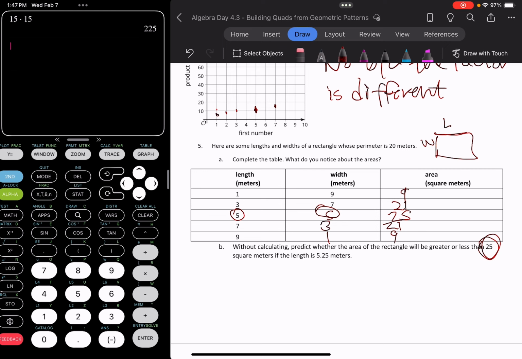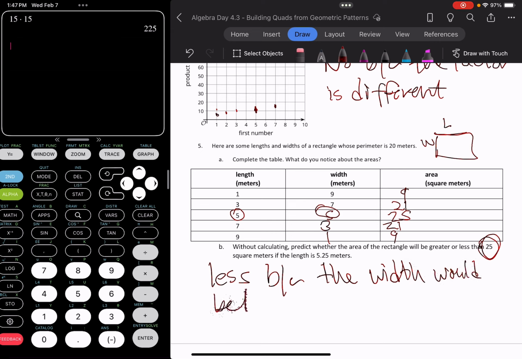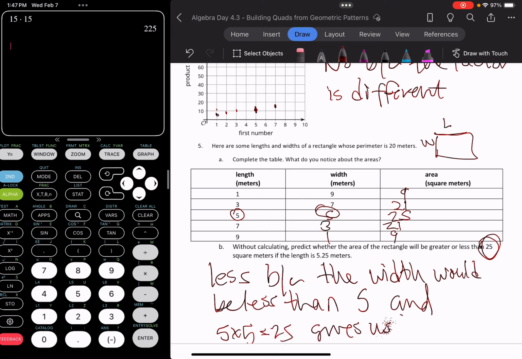When we multiply those together, we will get a smaller number than 25. So I'm going to say less because the width would be less than 5, and 5 times 5 equals 25 gives us the greatest possible area.